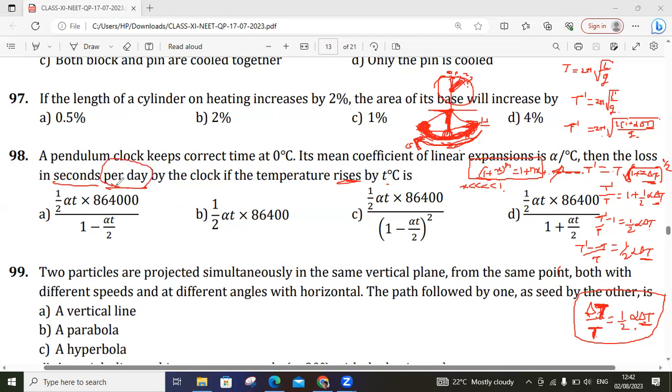For 1 second it loses this much time. Basically, if you put capital T as 1, you get how much extra time it takes for 1 second. Suppose T dash is 1.3 seconds, it means 0.3 seconds it loses.